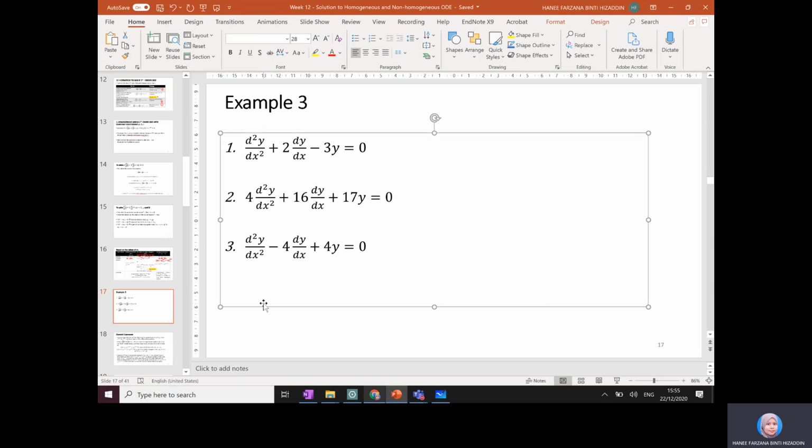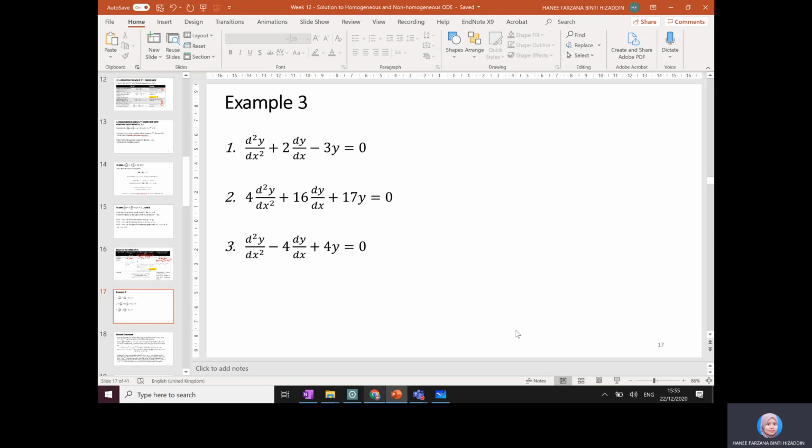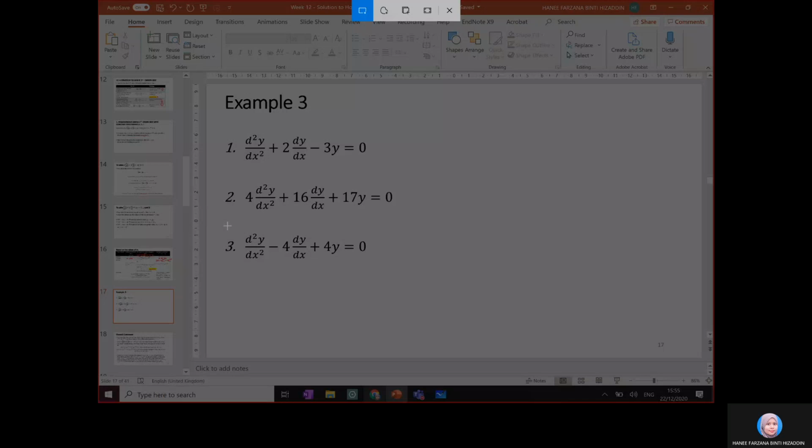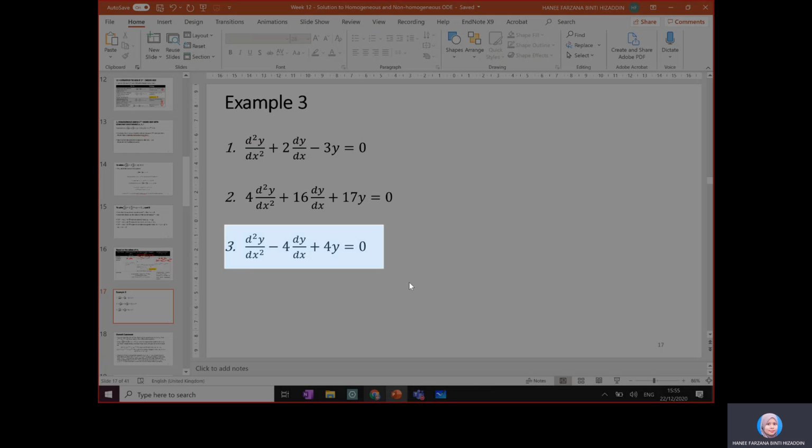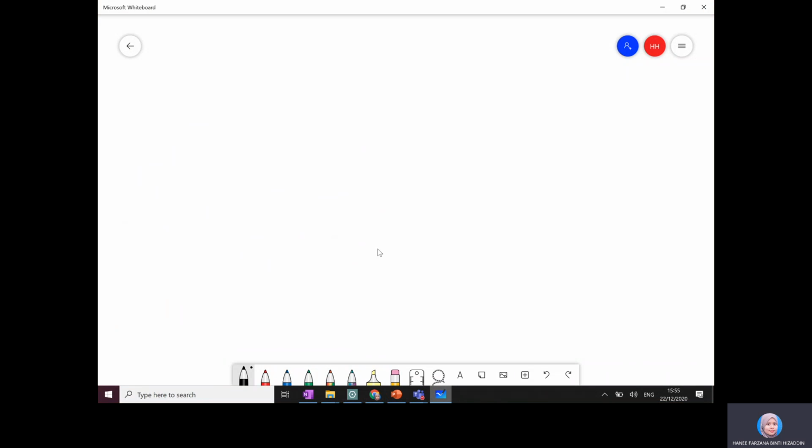Next is the third example. I think you can guess the value of the discriminant this time. So m squared minus 4m plus 4 equals 0.